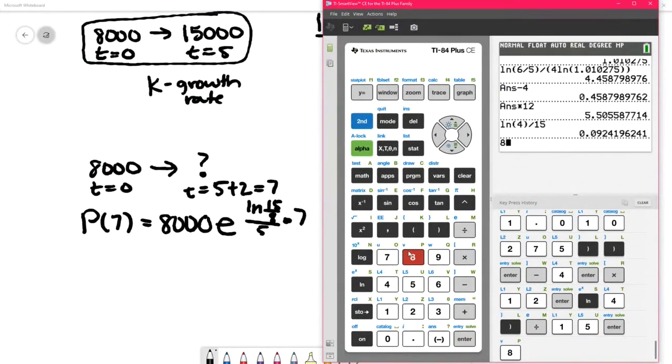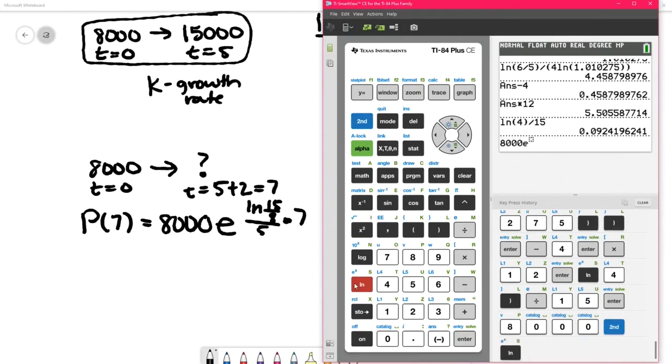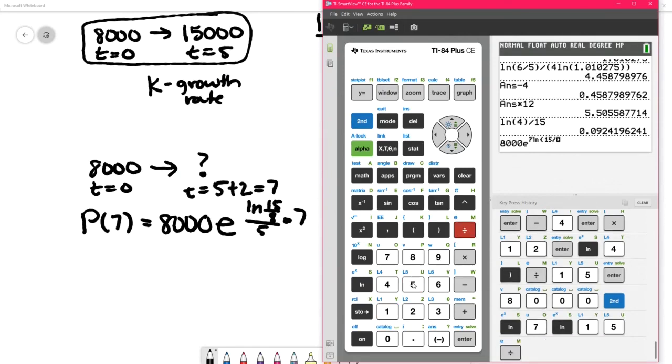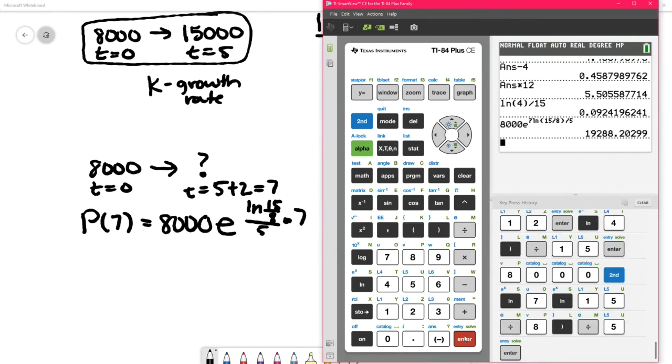So we have 8,000 e, and I'm going to move the 7 in the front, 7 natural log of 15 over 8 over 5, and with an additional 2 years, the population has now grown to 19,288.